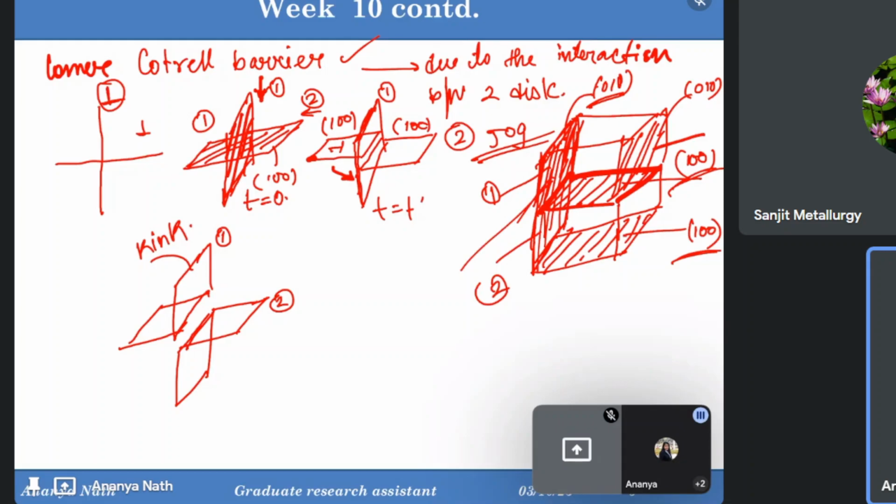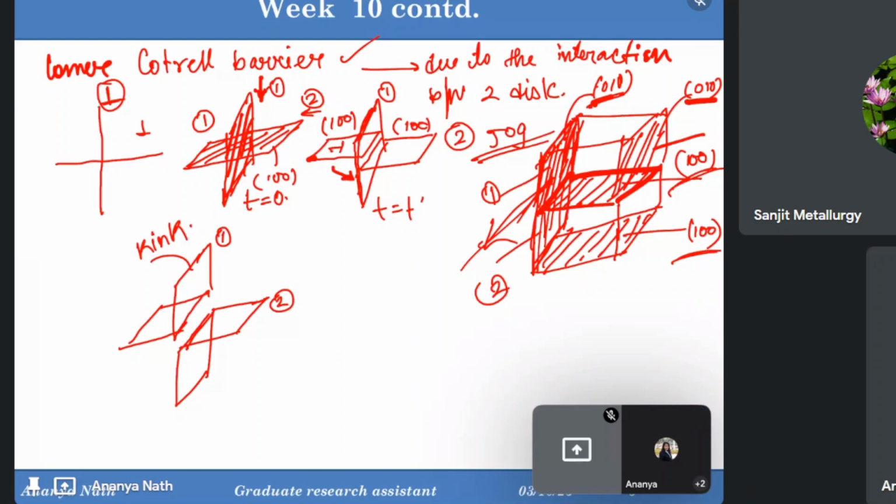They are still in this 010 plane. Although this 010 and this 010 are the same directional plane, they are two different planes. Here the dislocation is still in this plane, but it is broken down into two pieces, meaning there are two separate extra half planes or extra half atomic arrangements. Is it clear what is the difference between jogs and kinks?